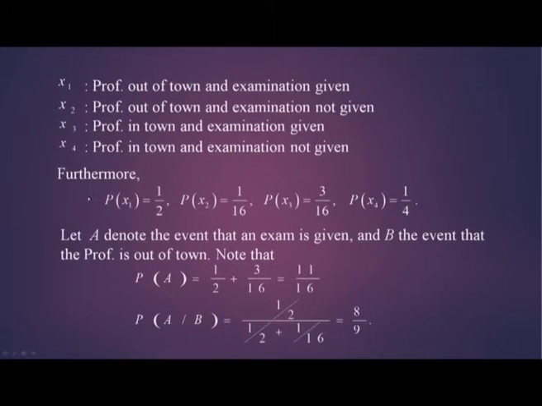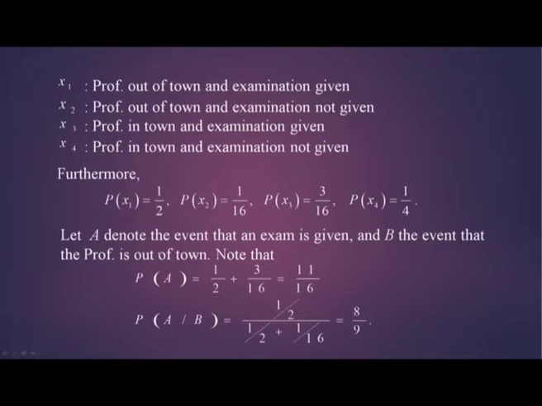Now, another thing we are considering is the probabilities of x1, x2, x3, x4. Probability of x1 is considered as half, probability of x2 is 1 by 16, probability of x3 is 3 by 16, probability of x4 is 1 by 4.